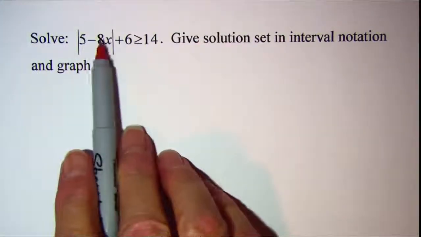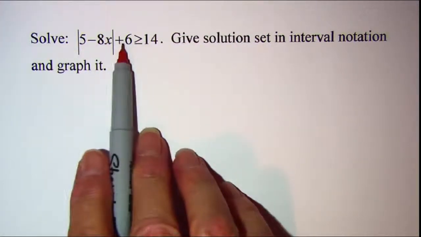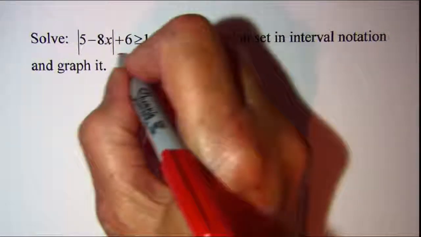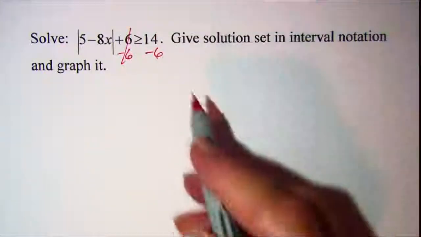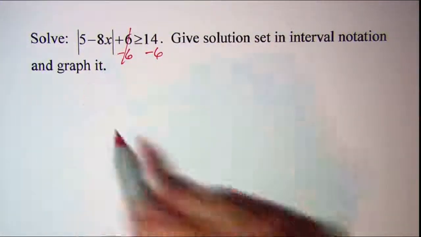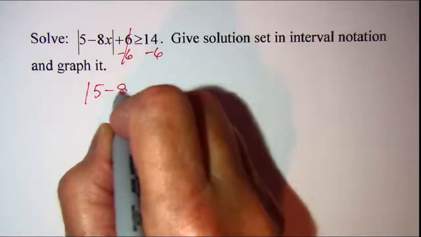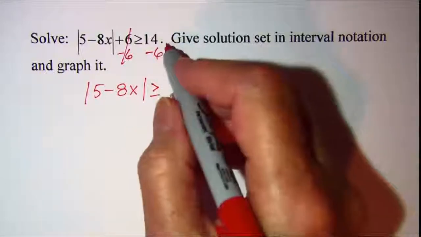On this one, notice we have absolute value greater than, but I need to isolate my absolute value first. So I'm going to subtract 6 from both sides so that the 6 is off of the left-hand side. Then I have absolute value of 5 minus 8x is greater than or equal to 8.